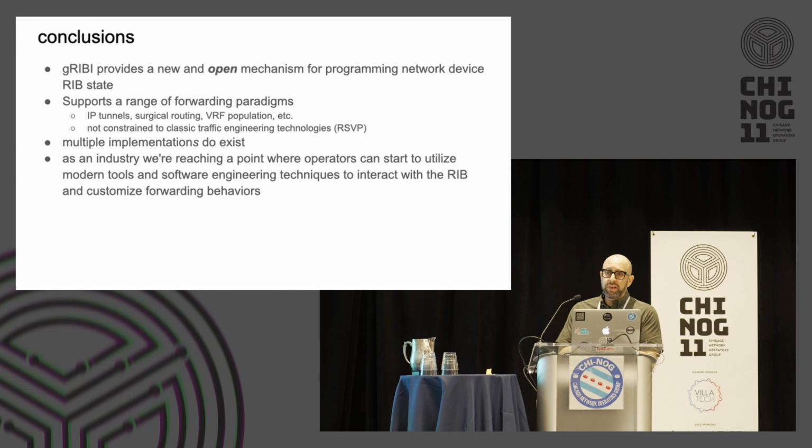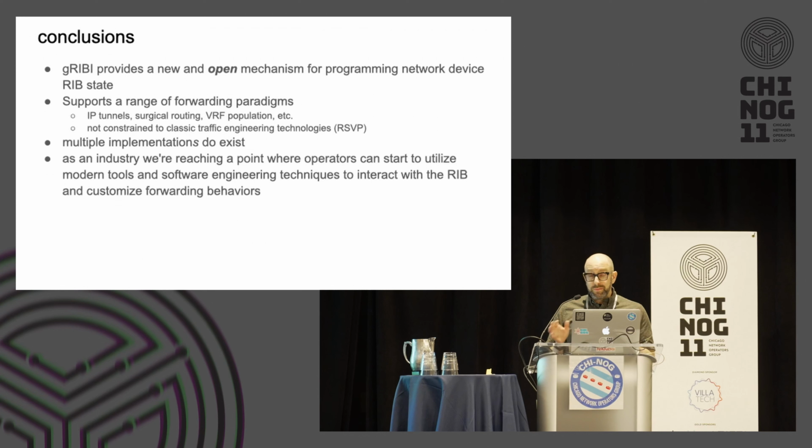So in conclusion, I think what we've had over the past couple of years, particularly with OpenConfig and the first multi-vendor implementation of an abstract RIB and FIB that folks can interact with, is an opportunity for a first open programming interface for the RIB.